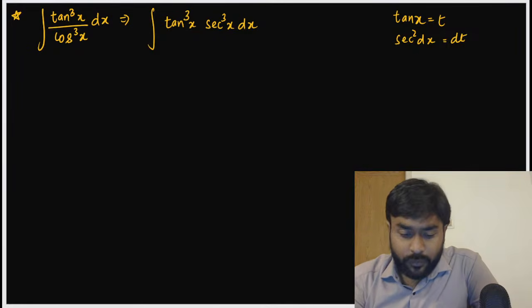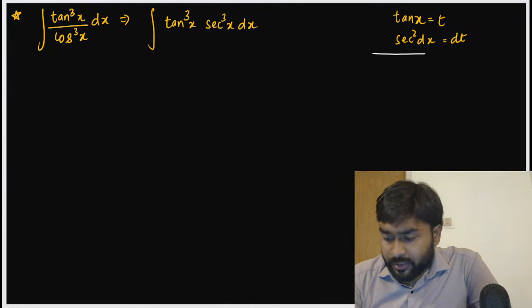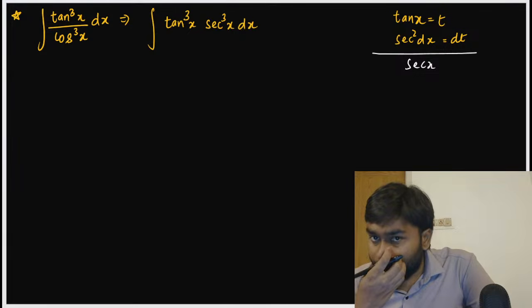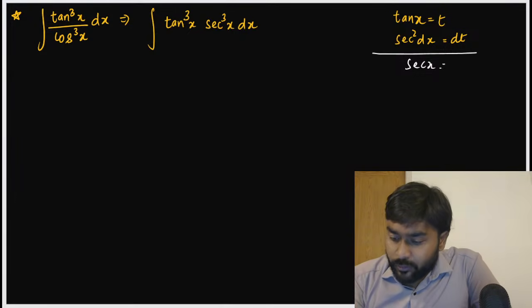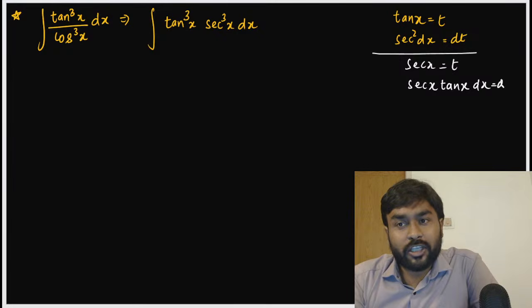Okay, then one more thing we can do here. If I am taking secant x as t, then what will happen? Secant x equal to t, then secant x into tan x into dx will become dt, correct?